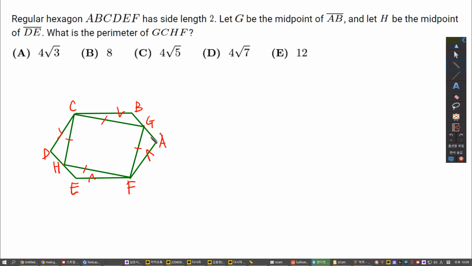So after finding one side length, we can just multiply the side length by 4. To find the side length, let's say the side length is L. Because the hexagon's side length is 2, and the angle is 120 degrees, we are going to use the law of cosines. So L squared is equal to 1 squared.